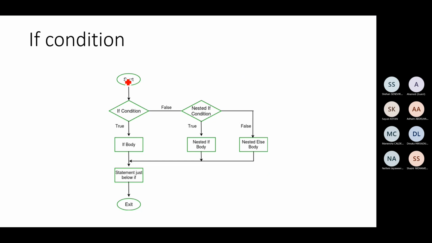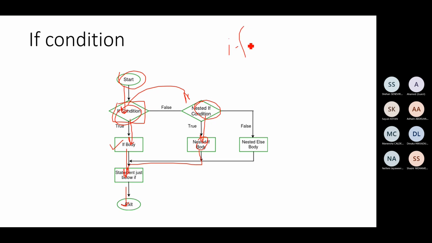In this case, you can see there's a starting point and there's an if condition. This is a flow chart. If the condition is true, then the body would execute, then the statement just below the if, then it's finished. In any case, this condition may be false. If there's a nested if condition, and the nested condition is true, then the nested if body comes in here and it goes on. What is a nested if?